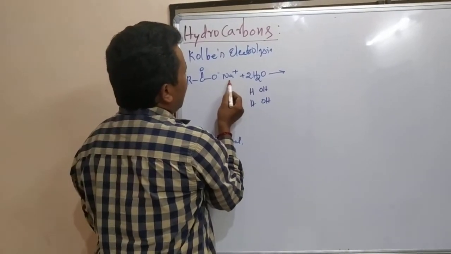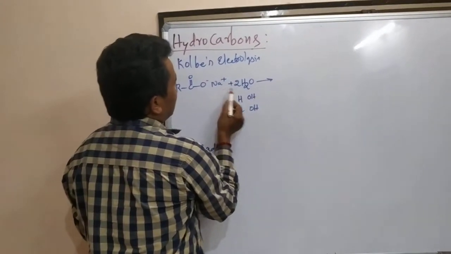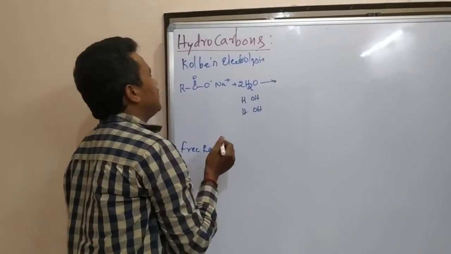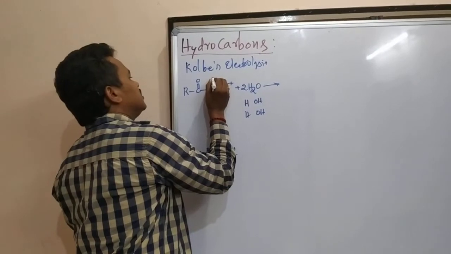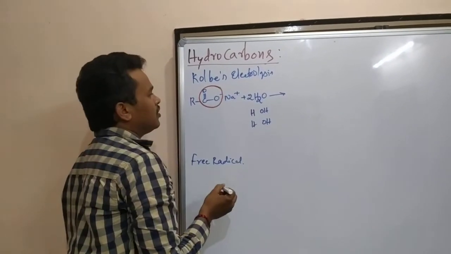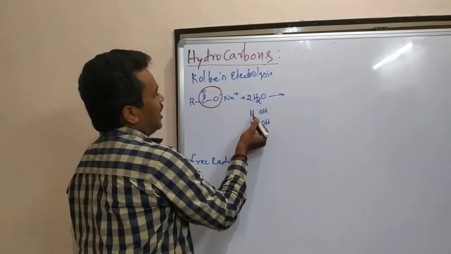Here Na and OH form NaOH, mixing with water. One CO2 gas comes out. I am writing hydrogen separately.